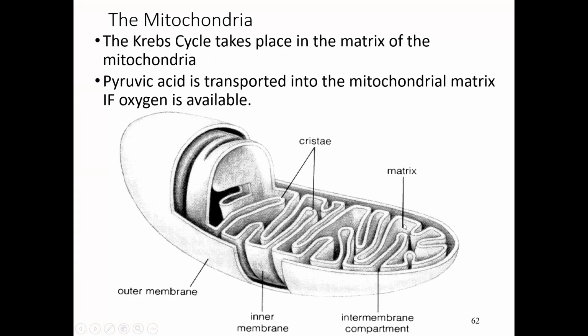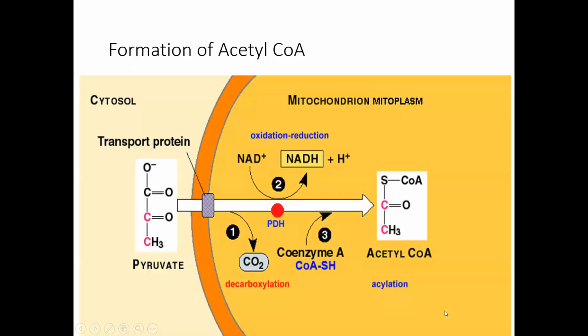And where the Krebs cycle takes place is in the matrix area in the middle, but the electron transport chain is embedded in the surface of the inner membrane. And there's a space between the inner and outer membrane called the inner membrane compartment or inner membrane space. Nobody thought very hard about naming it, but there's a space in here. And that becomes very important to us in a second.